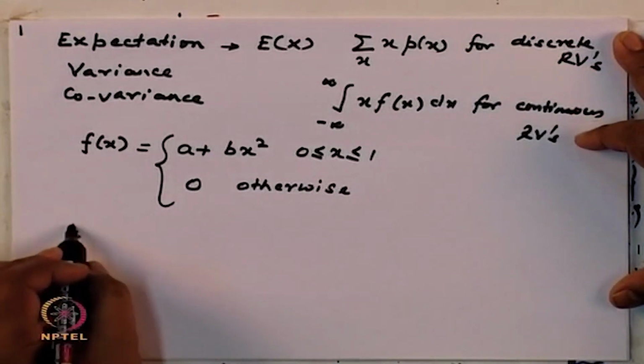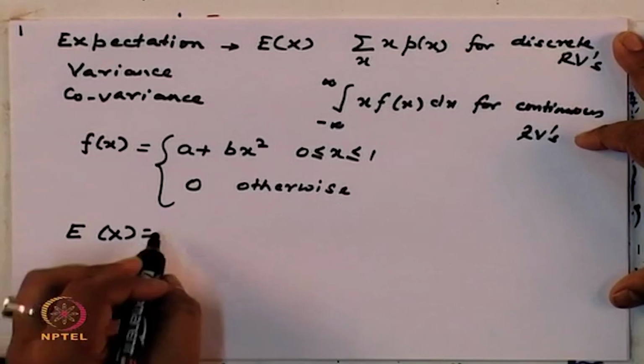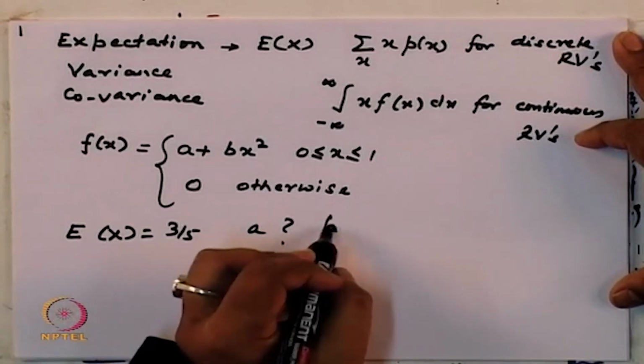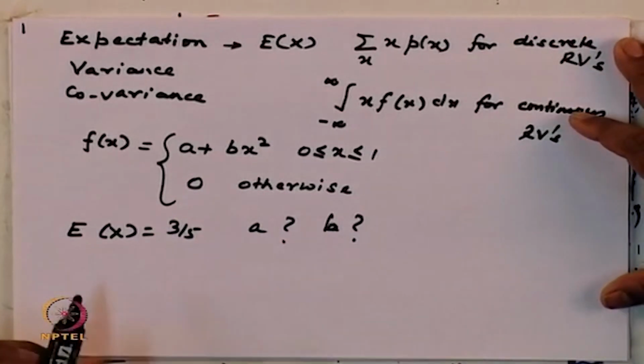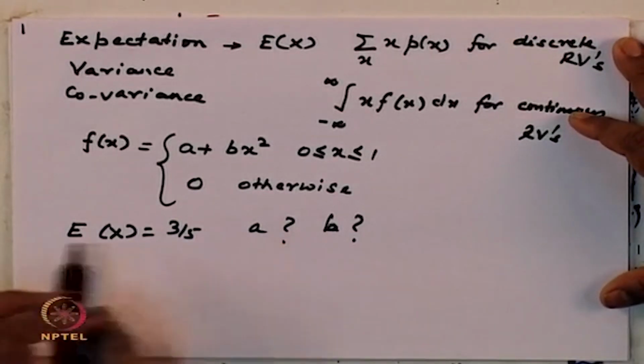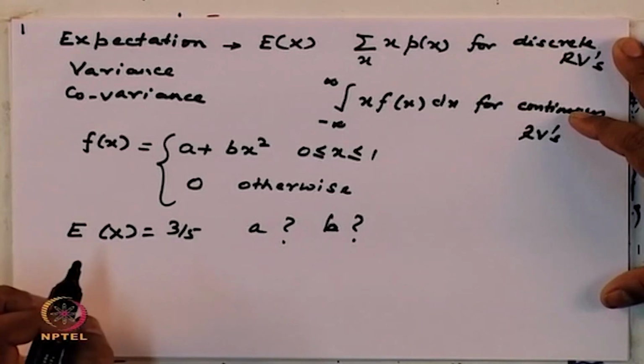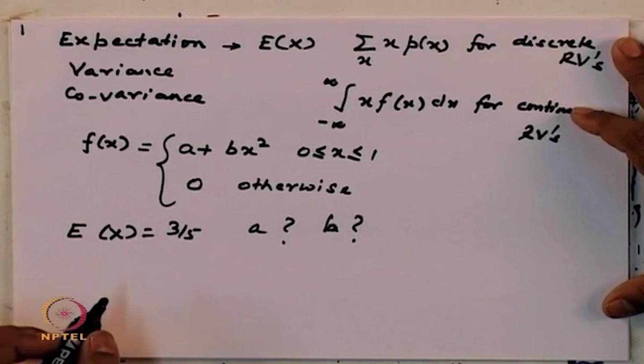Now, if for this random variable you are given E of x is equal to 3 by 5, then what is the value of a and what is the value of b? So, we essentially have two unknowns in this problem, a and b, and we are given this condition E of x equal to 3 by 5. So, how do we go about it?